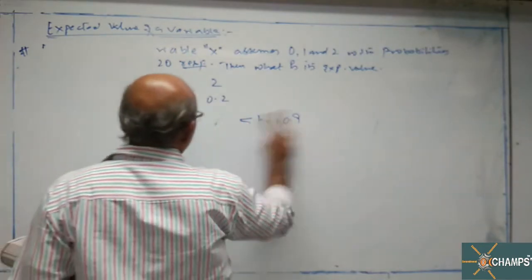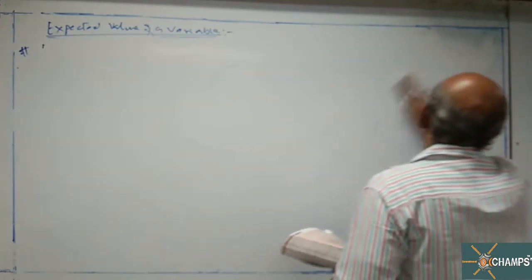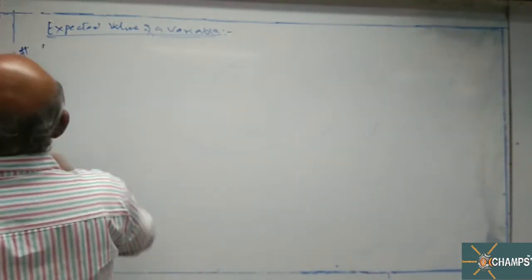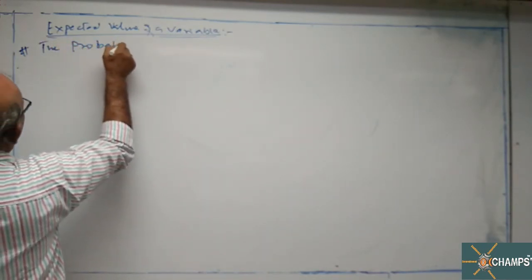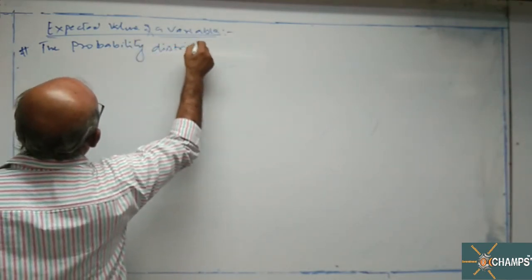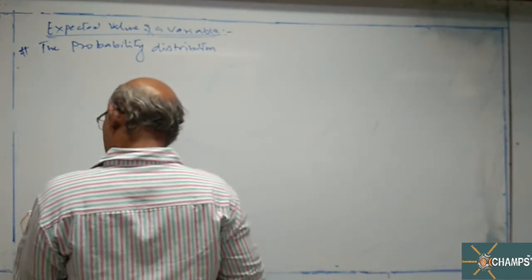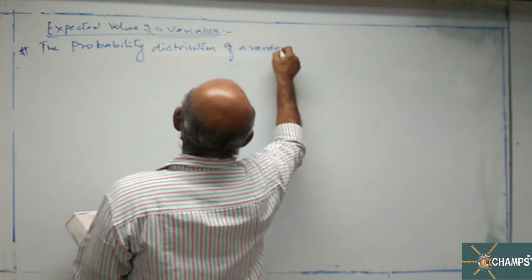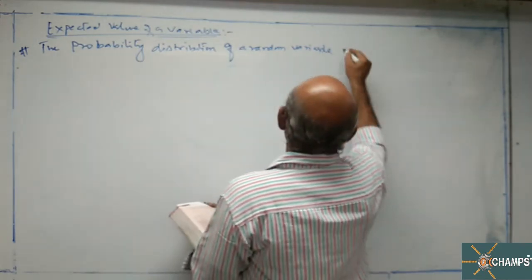Next question. The probability distribution of a random variable x is given below.